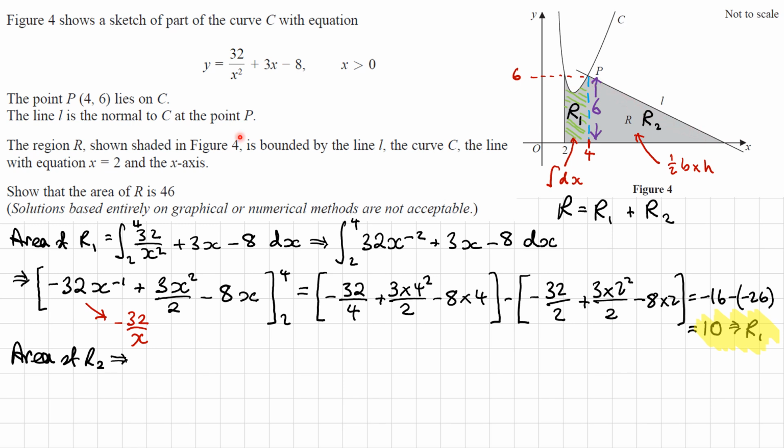Because it's a normal to the curve, if I can work out the gradient of the curve at this point P, I can use that to find the gradient of a perpendicular line, the gradient of the normal, and then use that gradient along with the coordinate (4, 6) to find the equation of L1. So step number 1 is to differentiate this function here to find the gradient function, and then use that to find the gradient at P.